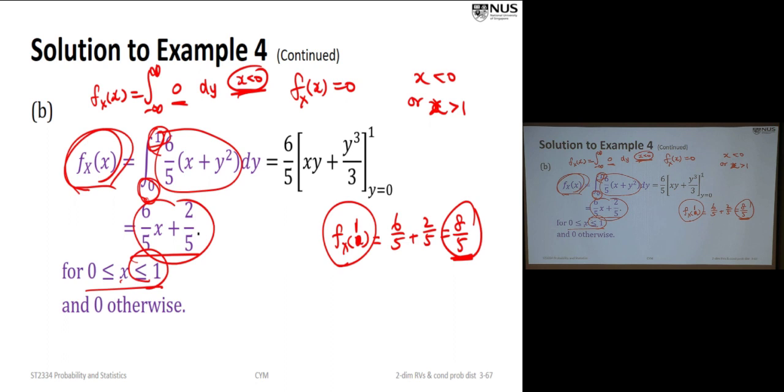But it just compensates: for some other x value, the density is smaller than 1. So as a whole, after the integration, it is still 1. So the density can be bigger than 1. That means in that particular neighborhood of 1, it's very dense. The density is 8/5.